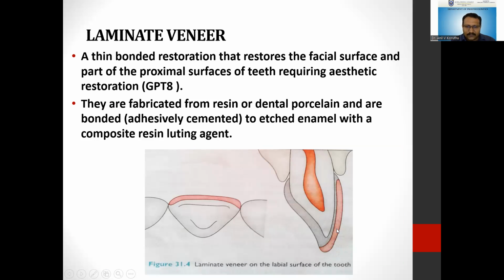You can see the facial surface is covered and only a part of the proximal surface is touched by a laminate veneer. They are fabricated from resins or dental porcelains and bonded by an adhesive cement to etched enamel with a composite luting agent. And I repeat, this restoration is limited to enamel preparation.